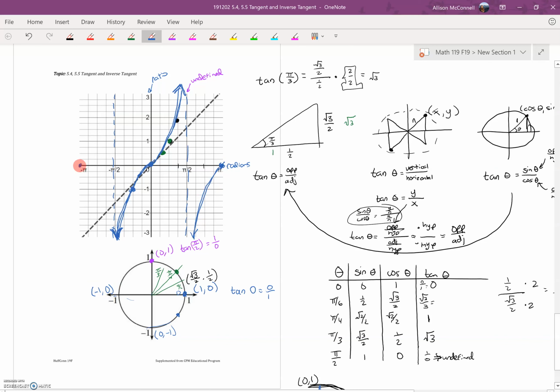And then between negative pi over 2 and negative pi, you're going to see that at negative pi, it's going to be 0, of course. It's the same value as at pi, but these x and y coordinates are both negative. So hence, they're all going to be positive, and it's going to shoot off to positive infinity. So that is the idea of tangent.